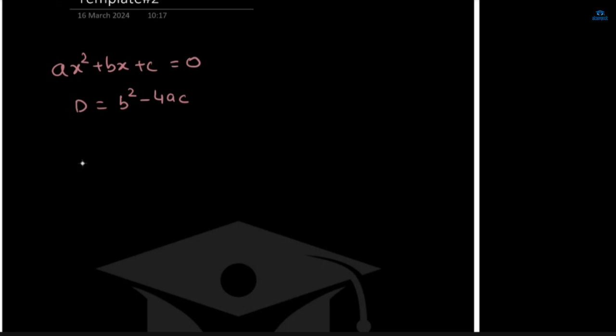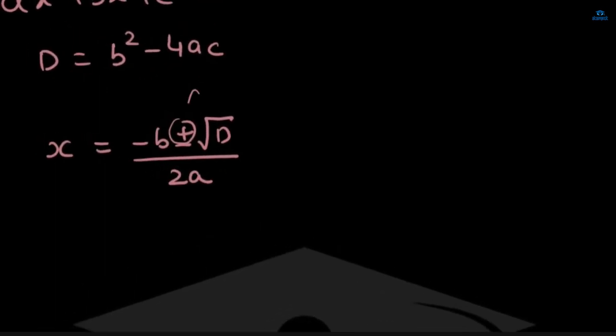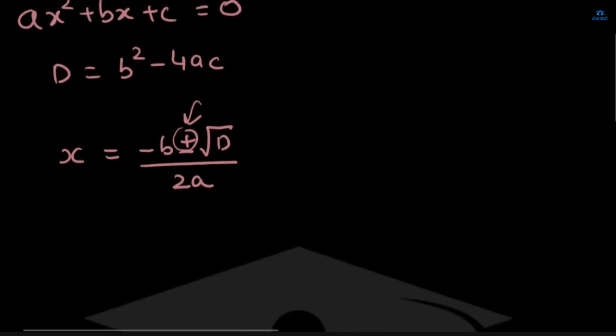Now we'll apply the formula for alpha and beta. The value for x would be minus b plus minus root D upon 2a. This will give us the value for alpha and beta. If we are applying plus only, adding root D to minus b, then it will give us the value for alpha.